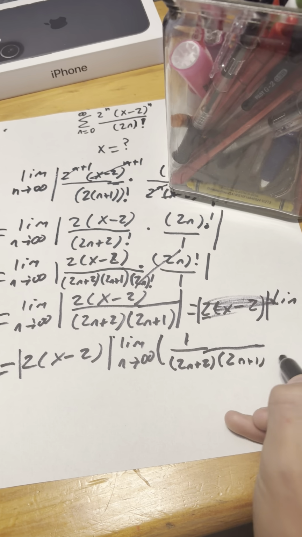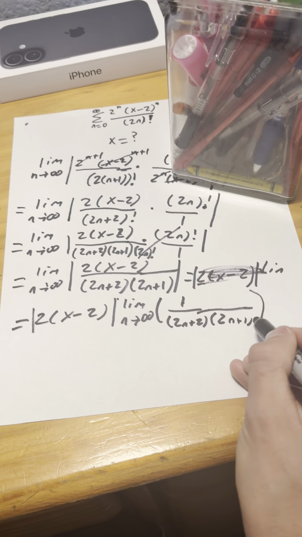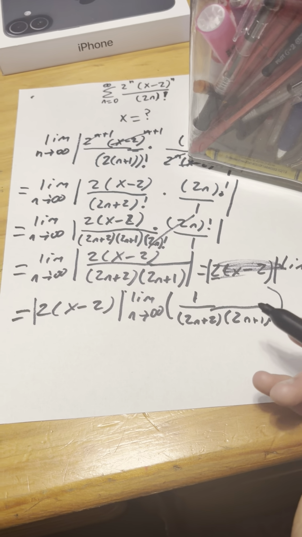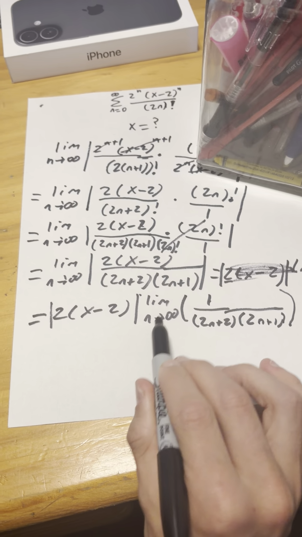And all we have left in this little parentheses bundle right here is n and positive numbers. So yeah, it's fine.